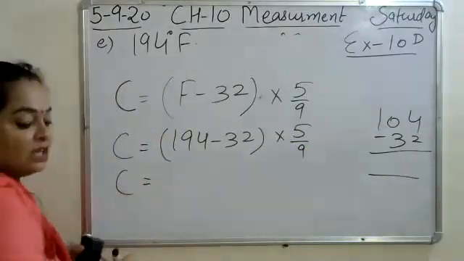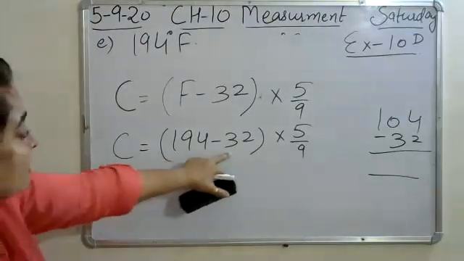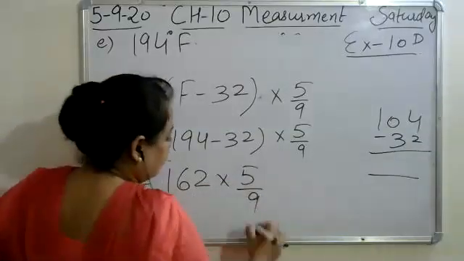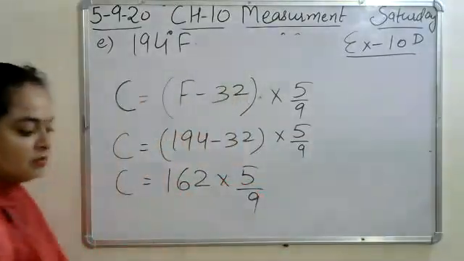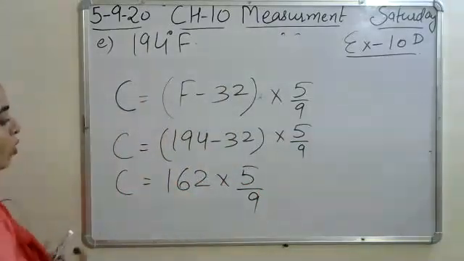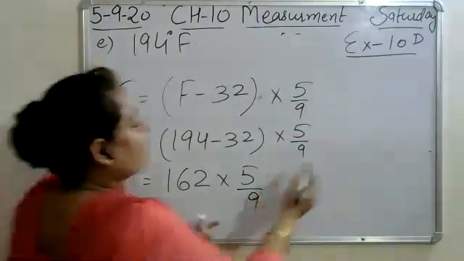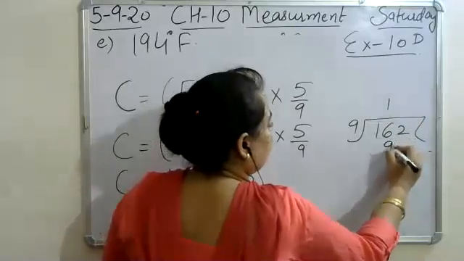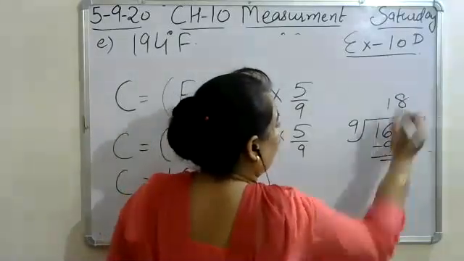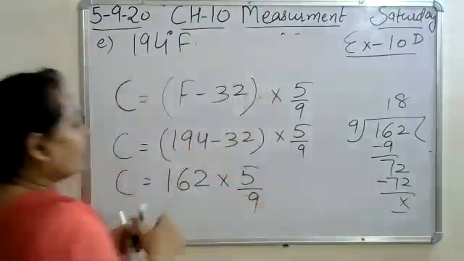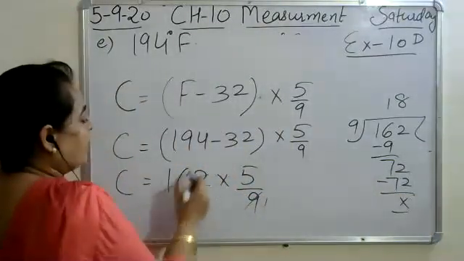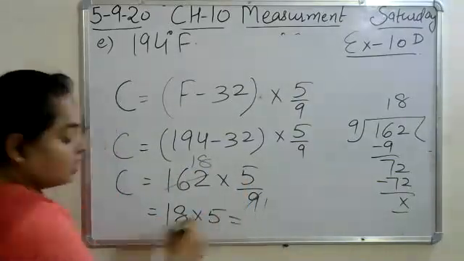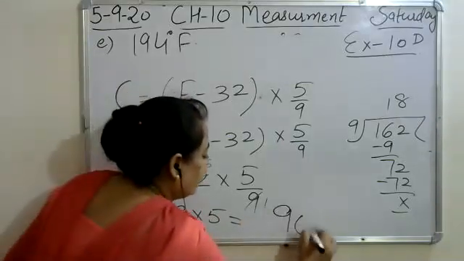So Celsius is equal to 194 minus 32, 162 multiplied by 5 by 9. Now 162 divided by 9. 9 ones are 9, 9 8s are 72. So after cancellation, 9 18s are 162. So 18 multiplied by 5 is equal to 90 degrees Celsius.